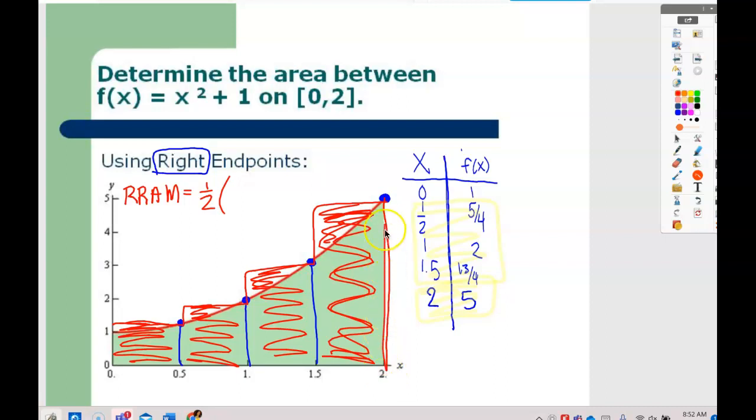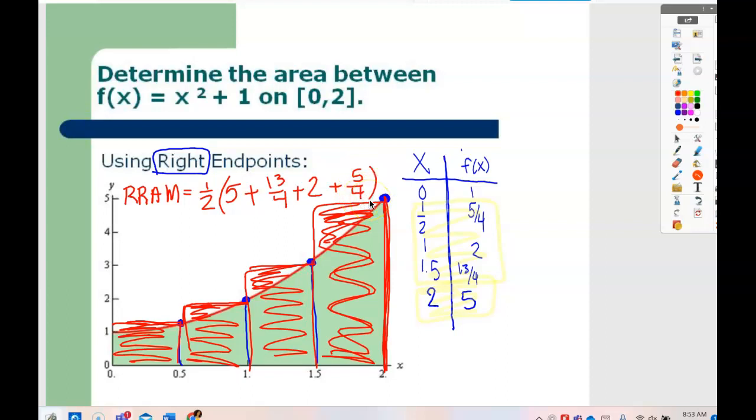All of the rights this time come from the right side. So that first right rectangle has a height of 5. This rectangle here has a height of 13/4. My next rectangle has a height of 2. And my last rectangle has a height of 5/4.